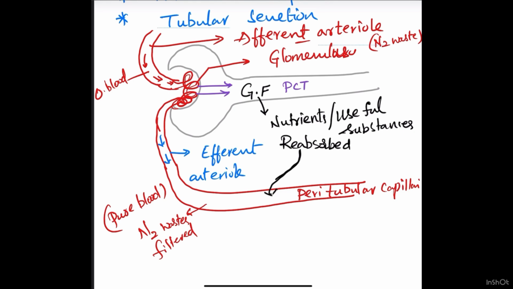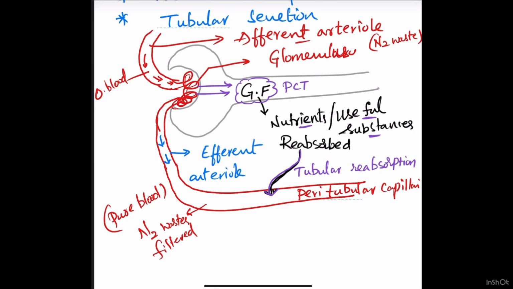So this is tubular reabsorption. You got it now? Glomerular filtrate consisting of many nutrients and useful substances is going to be reabsorbed into the bloodstream. That is tubular reabsorption. This is tubular reabsorption.